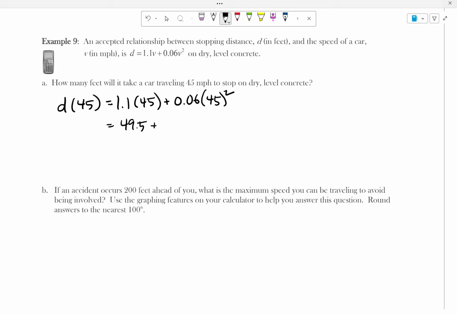By the way, if you're using your graphing calculator, type all that in at one time. You don't have to do it in pieces. I'm doing it in pieces just because I was being stubborn and I did this in my head.